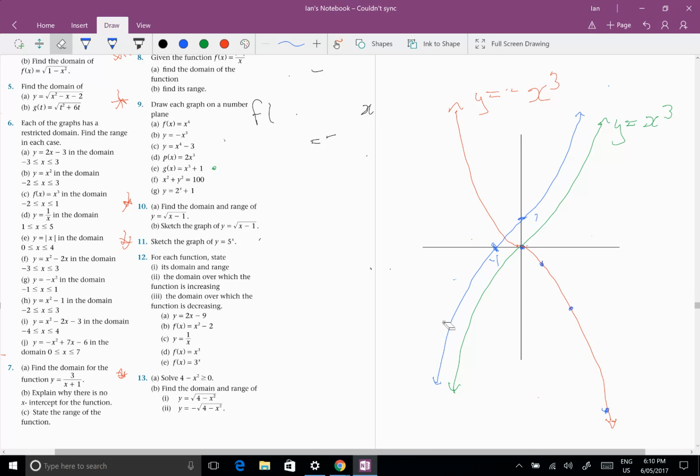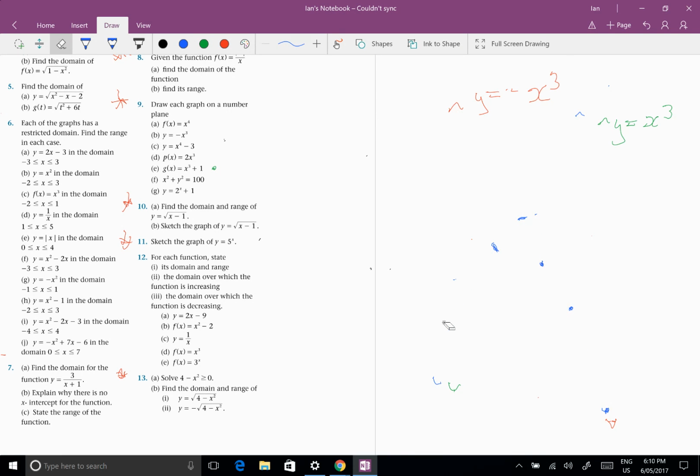Not very many left to go now. Let's have a look at some of these other ones. I'm not going to do F. It's too easy. I'm not going to do D. You have to think about that. But let's have a look at G. Y equals 2 to the x plus 1.